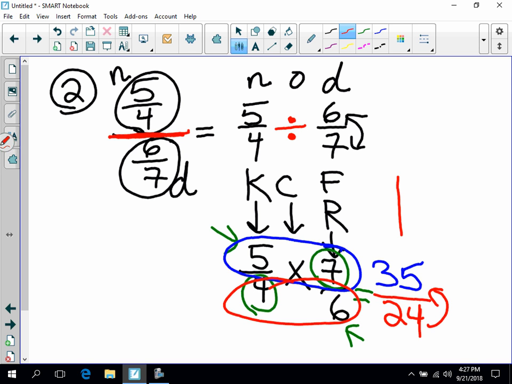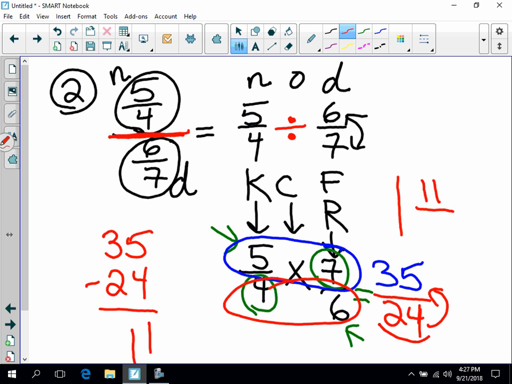Now compare the numbers 24 and 35. And we need to figure out what is left over when we take 24 away from 35. 5 minus 4, you get 1. 3 minus 2, you get 1. So the difference between 24 and 35 is 11. That difference goes in the numerator, and then you keep the denominator the same.